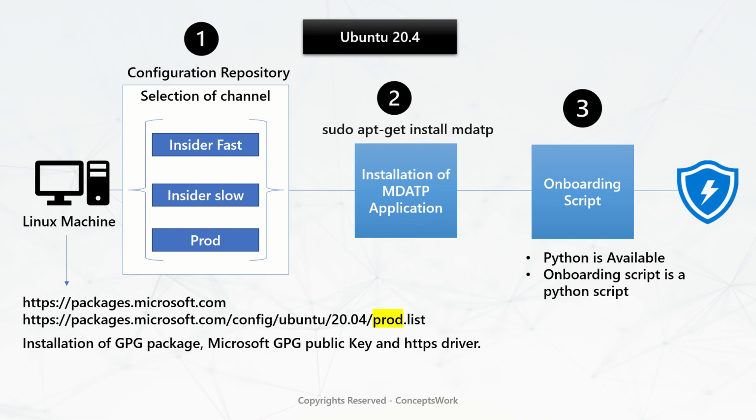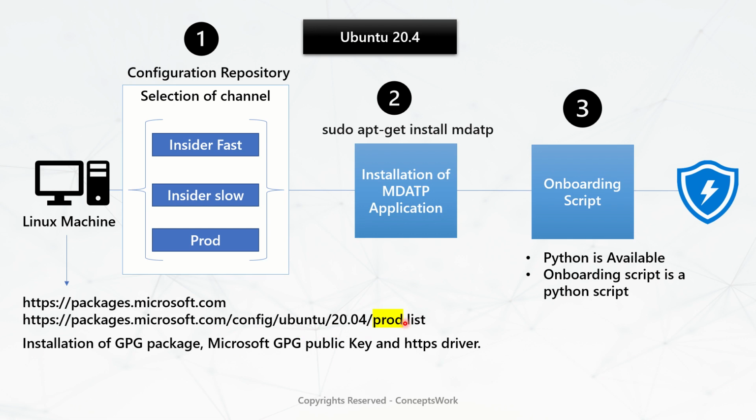Depending upon the channel that you select, you will be downloading the respective package, and the endpoint that will be accessed to download the package is packages.microsoft.com. If you look at this particular section, I have mentioned the OS platform as well as the version and the channel that I'm going to use so that I can get the required repository.